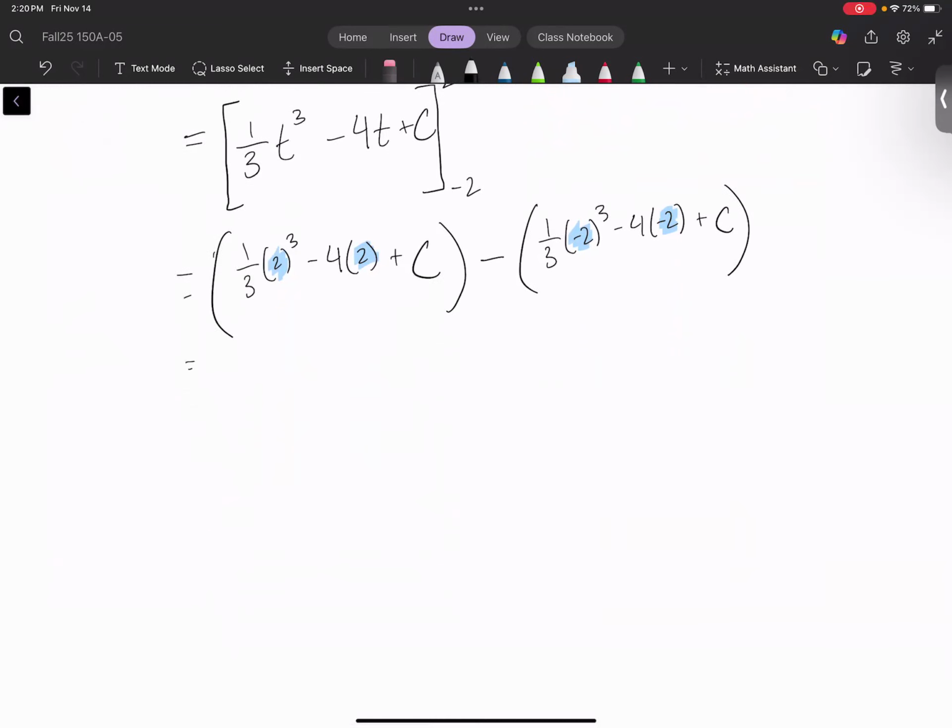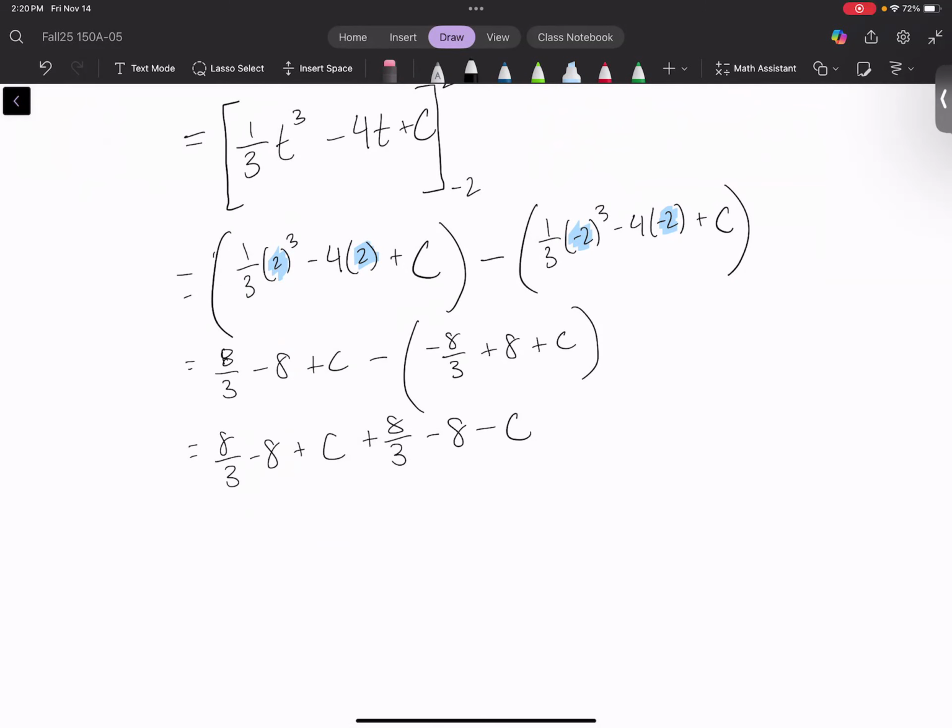So this is 8 divided by 3 minus 8 plus c. That's that first bit. Then I have minus, and then this is going to be -8 over 3 plus 8 plus c. Now I can distribute that minus sign. So it's plus 8 over 3 minus 8 minus c.